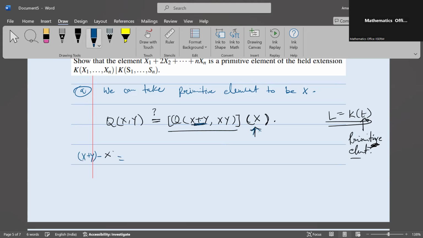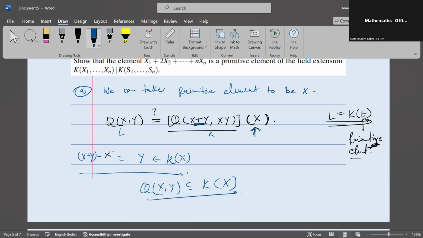If you subtract x from here, you get y. y also belongs to K(x). So Q(x,y) is a subset of K(x). The other side is very much clear. This is trivial. We just want to show this part.